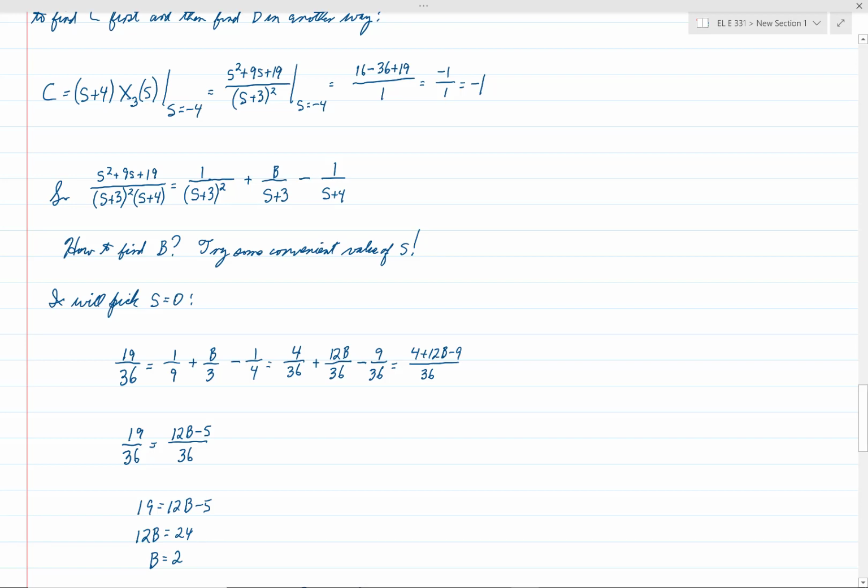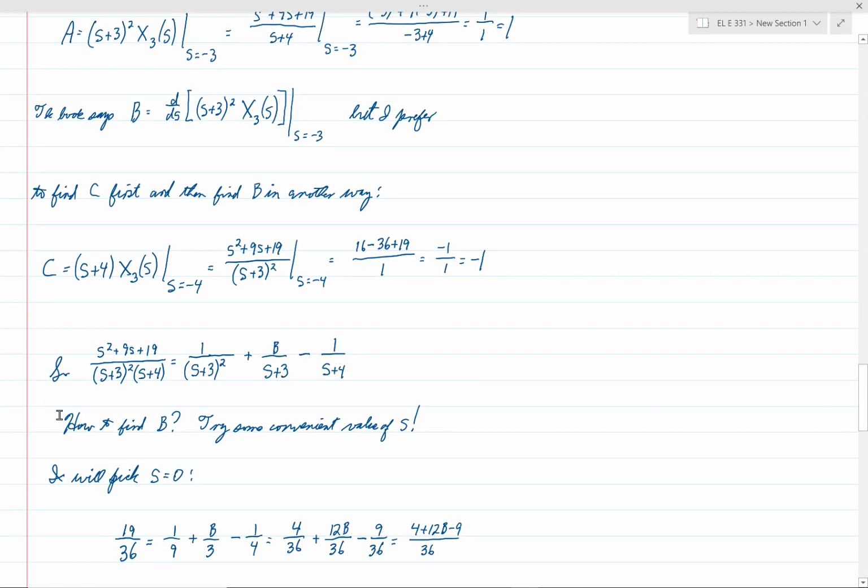Now, if you want to use the derivative method to find B, that's fine. But to me, you're going to have to use the quotient rule because you're taking the derivative of a fraction. To me, that gets sort of ugly.